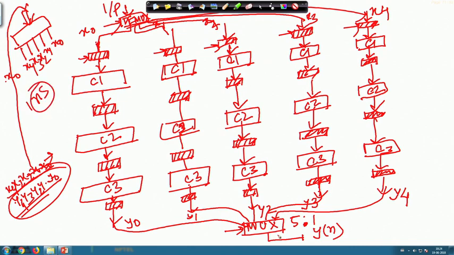After this I require one register which will produce the yn. So the register for this input and the registers I require for the output case both require 1 nanosecond of sampling speed.